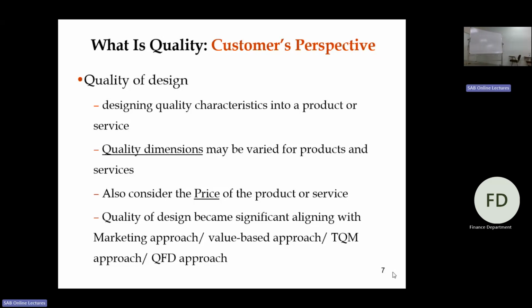Quality is finally assessed by the customer, so product features will be decided by the customer requirement. That is design quality. However, with the quality, customers also consider the price. Clear? So designing the product in an acceptable manner to the customer is important. That is called design.